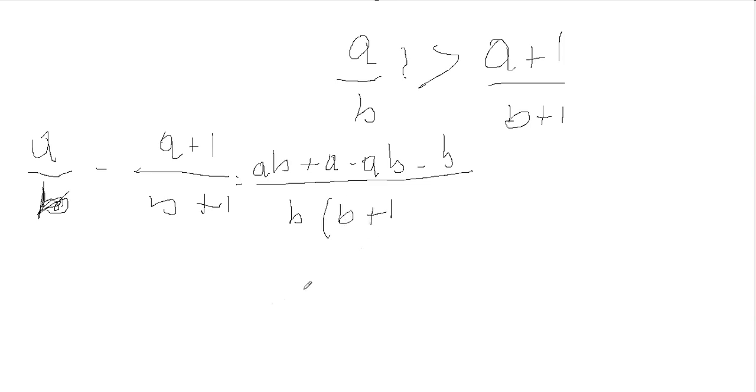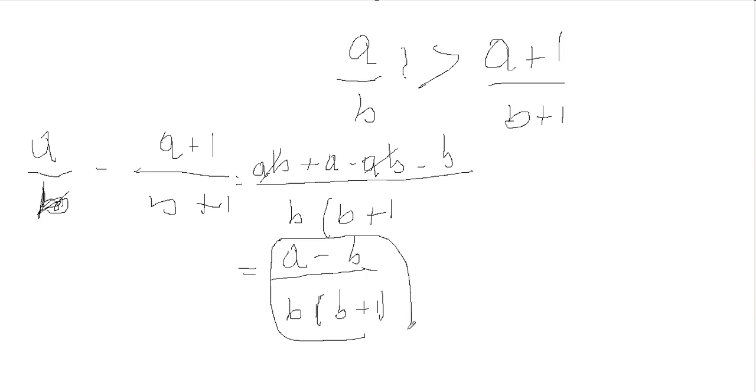So basically AB minus AB, I don't have it, and then I have A minus B over B times B plus 1.